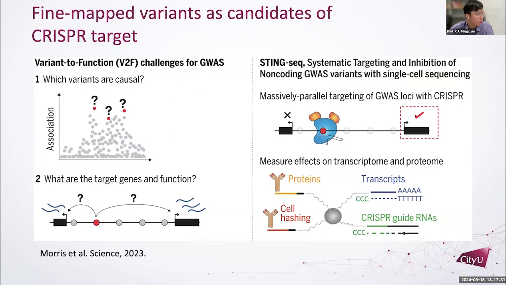Okay, so here's a more recent application. Basically, they combine fine mapping results with a perturbation technique. So the first thing is that they apply fine mapping to GWAS data and identify the putative causal SNP set.